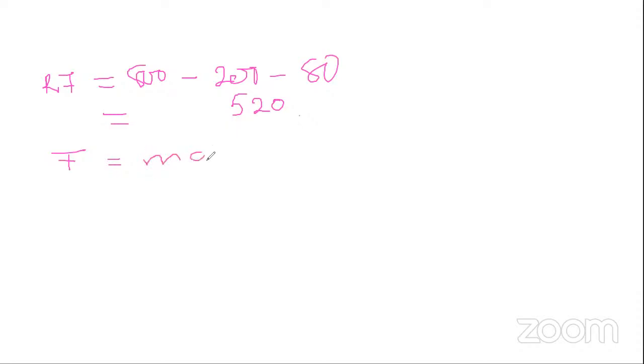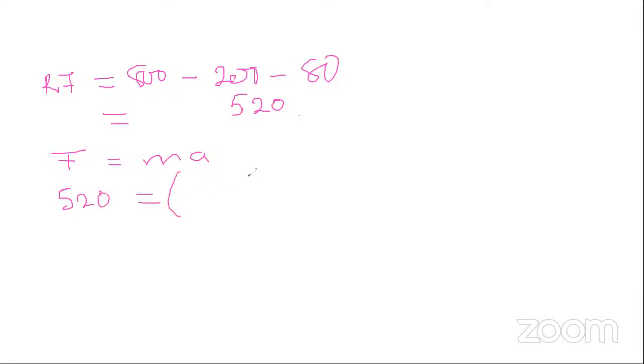So the resultant force will be 800 minus 200 minus 80. So this gives us 520. Okay. And then when we use F equals MA, 520 is equal to the mass.